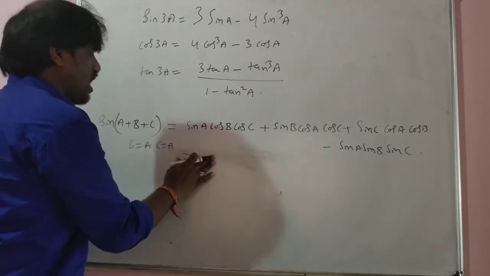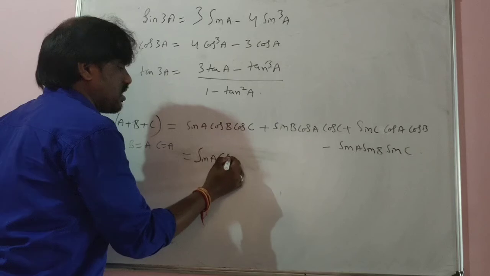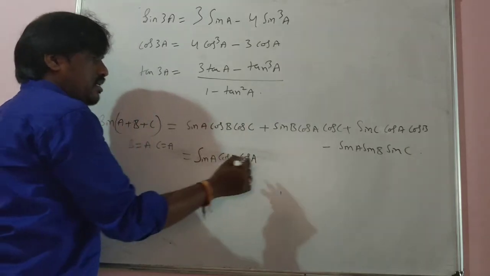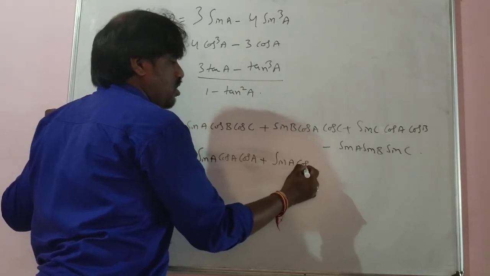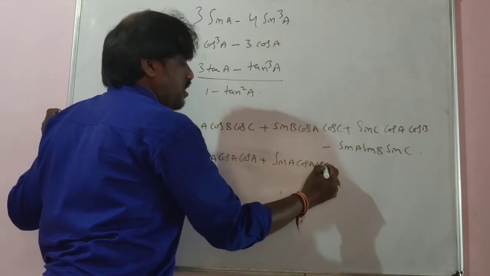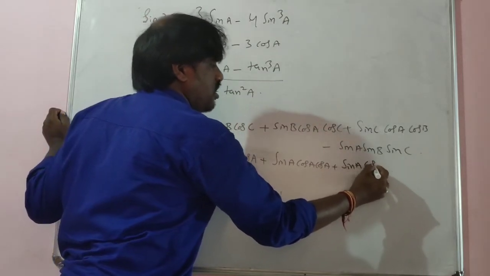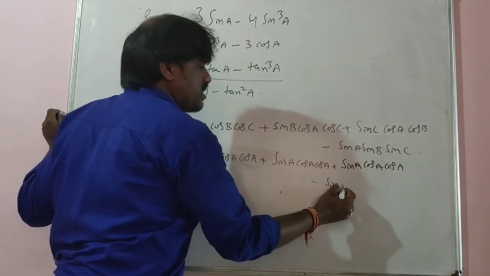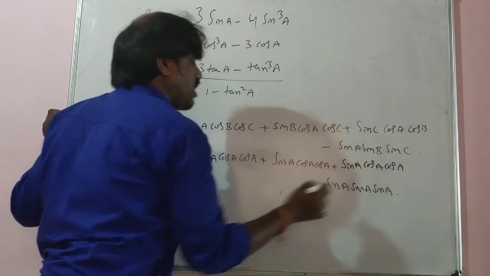It's not clear, so I will write it: sin a cos a cos a, plus sin a cos a cos a, plus sin a cos a cos a, minus sin a sin a sin a.